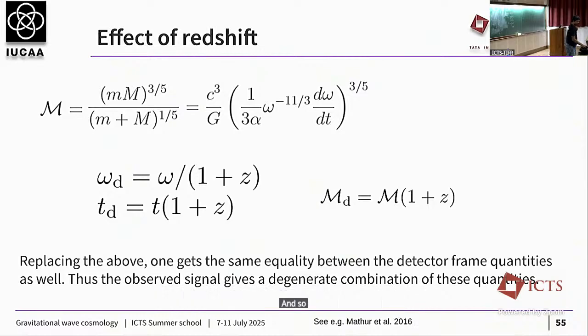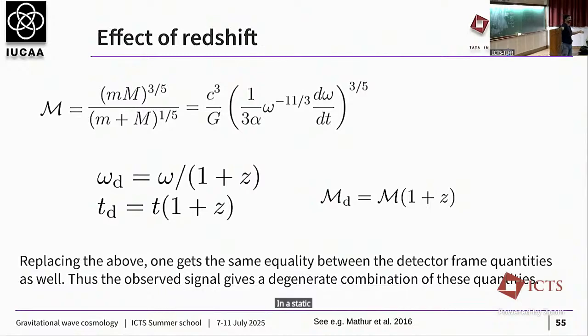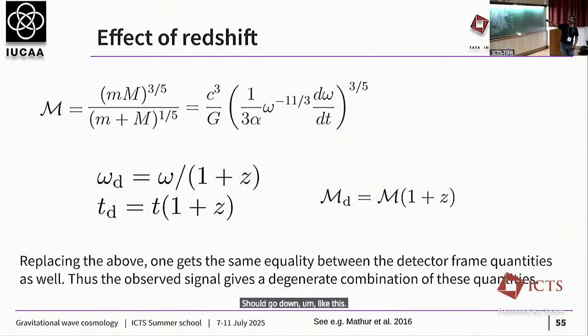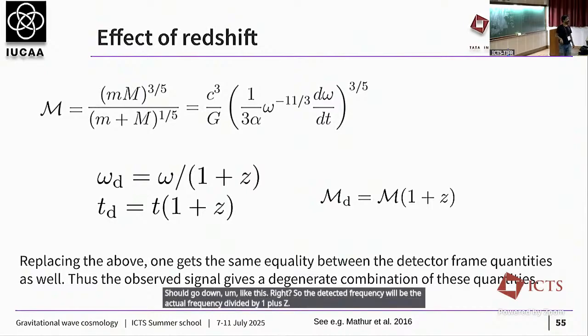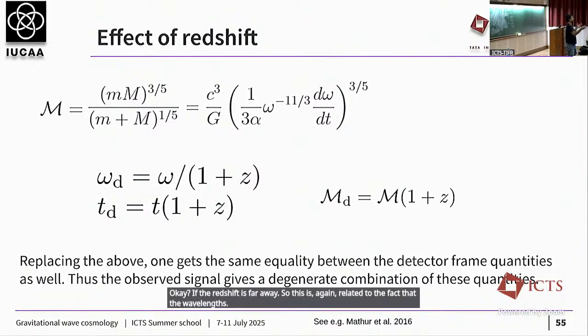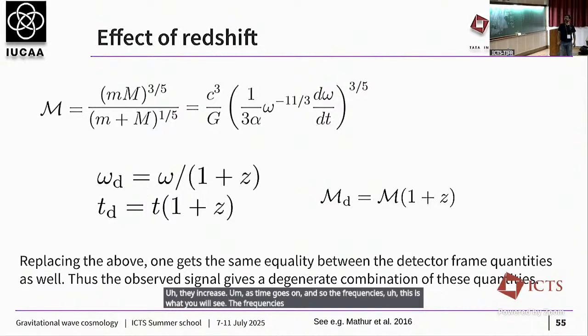Even when the calculations are done, they are done for a faraway observer in a static universe, not in an expanding universe. So if you take into account the expansion of the universe, then you know that the frequencies should go down. The detected frequency will be the actual frequency divided by 1 plus z, if the source is at redshift z. This is related to the fact that the wavelengths increase as time goes on, and so the frequencies should decrease, right?